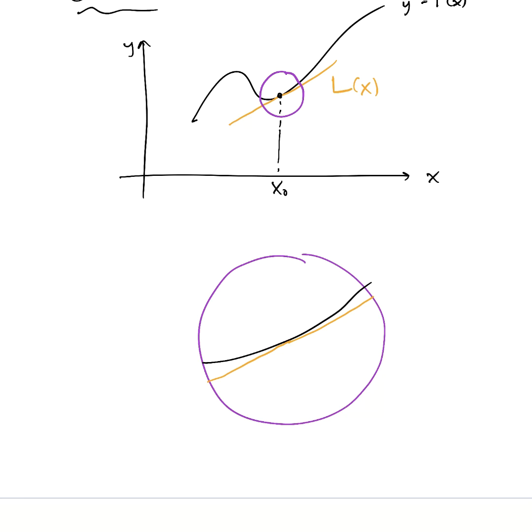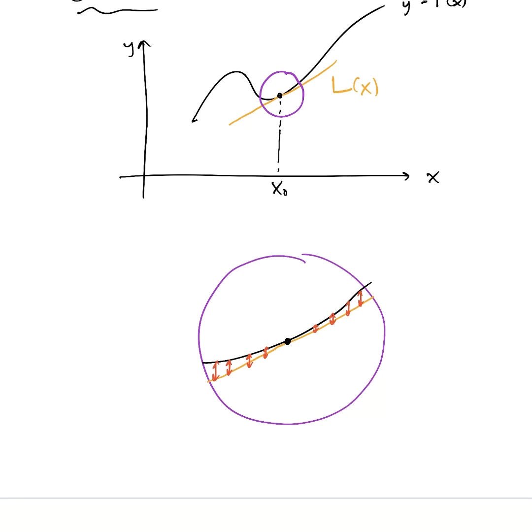And what you can see in that depiction is that near that tangent point, there's really not much discrepancy between the actual curve and the simplified linear curve. As long as you don't wander too far from the point x naught, the z-values on the orange tangent line and the z-values on the black curve really aren't that different.